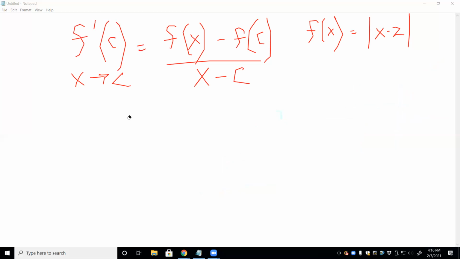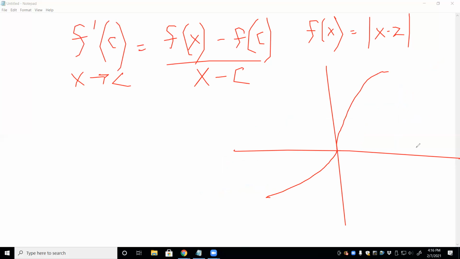In other words, something that looks like this. And that function would be x to the 1/3. That's what that looks like.